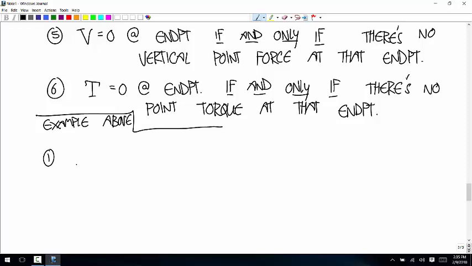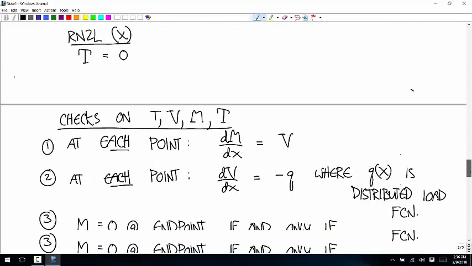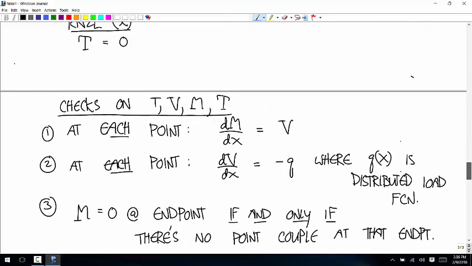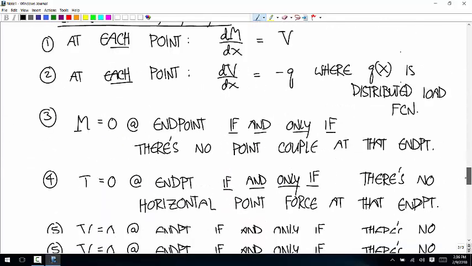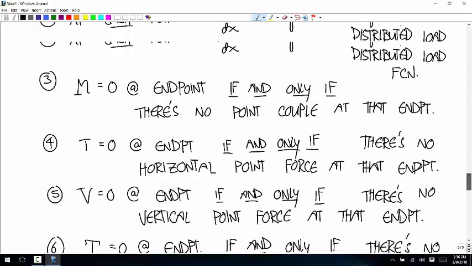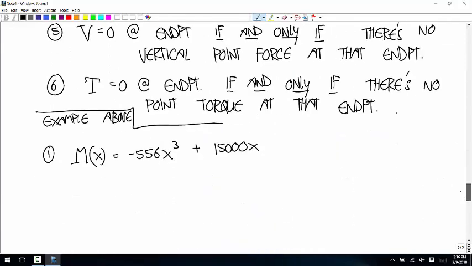Our bending moment function was equal to negative 556x cubed plus 15,000x minus 30,000.